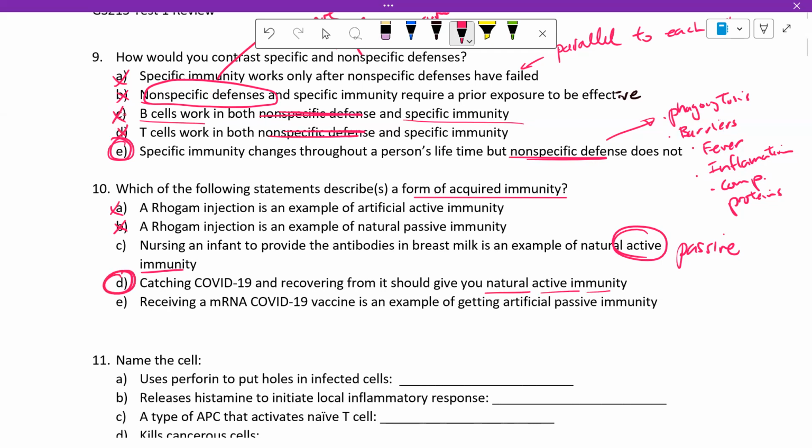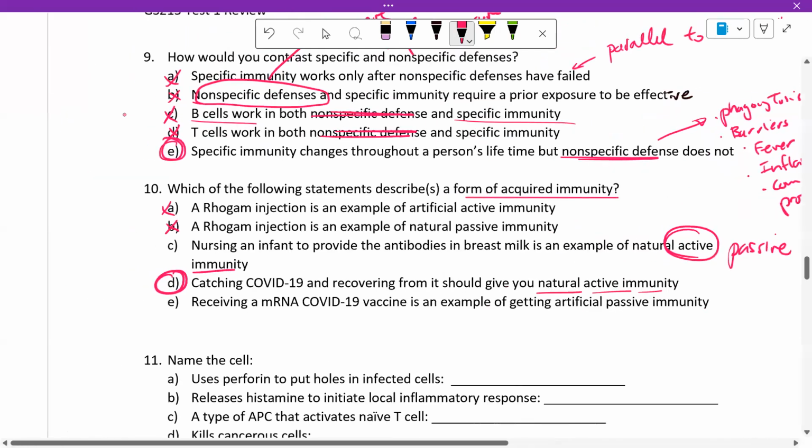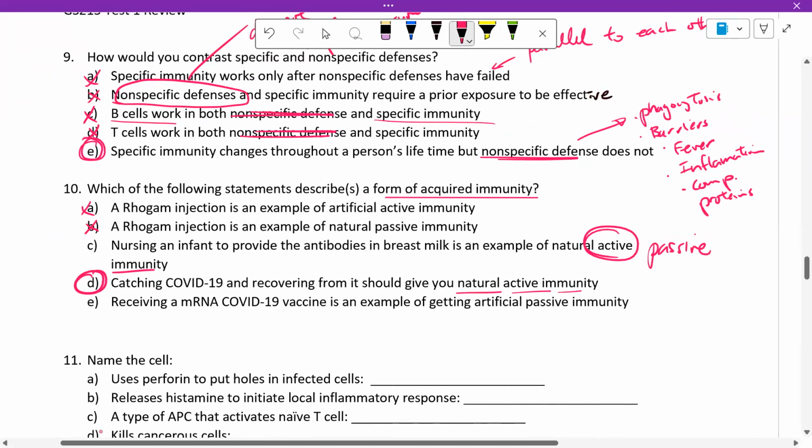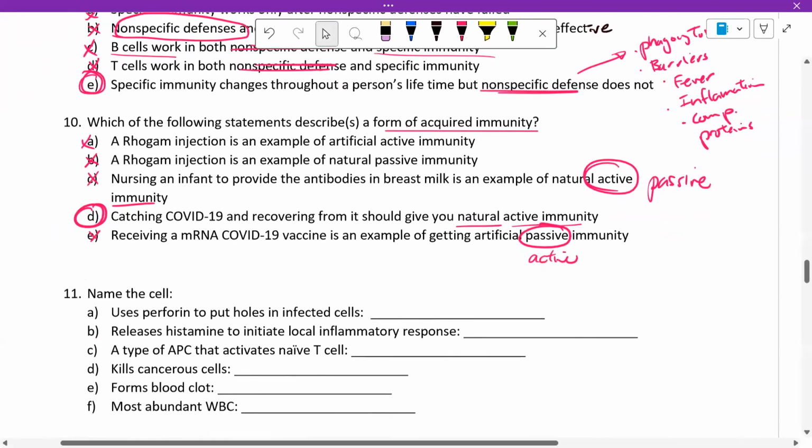Natural, because you caught it through regular means, you didn't inject anything, and you have to make the antibodies. It will give you protection for the same variant, but if you get a different variant, you have to do this all over again. Receiving an mRNA vaccine is an example of artificial active immunity. So D is the correct choice.